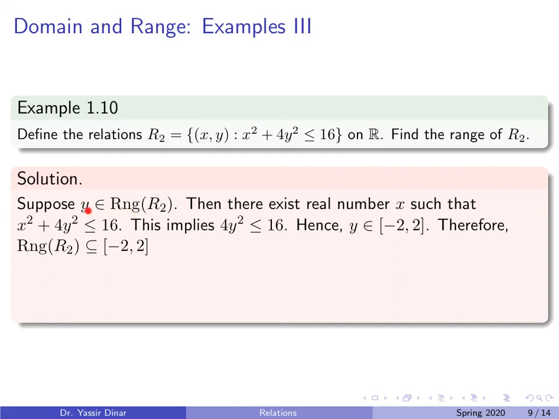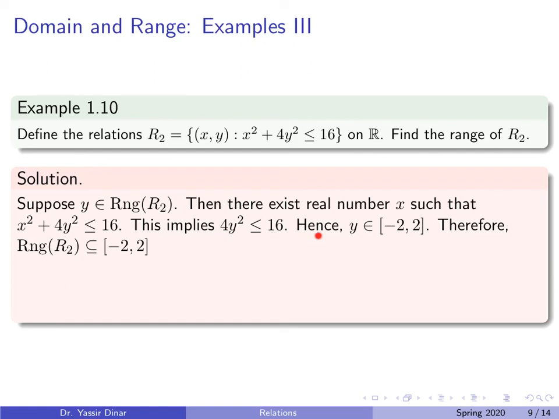Now, if we take y in the range, by definition that means we can find a real number x such that x squared plus 4y squared is less than or equal to 16. But here this one is squared and this one is squared, so it means that 4y squared is less than or equal to 16.